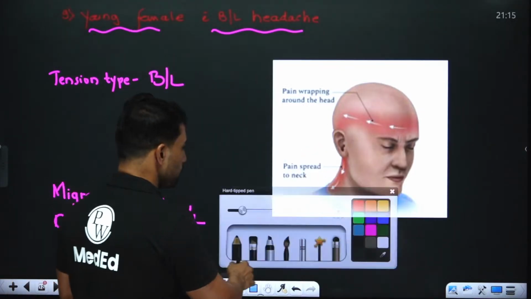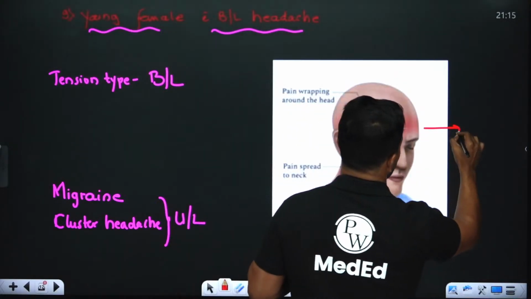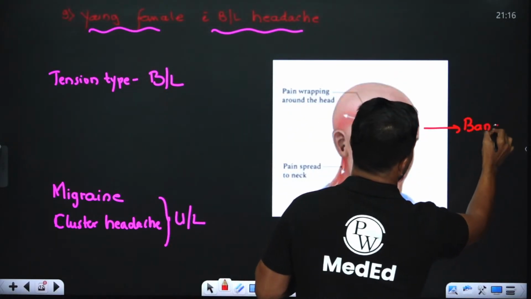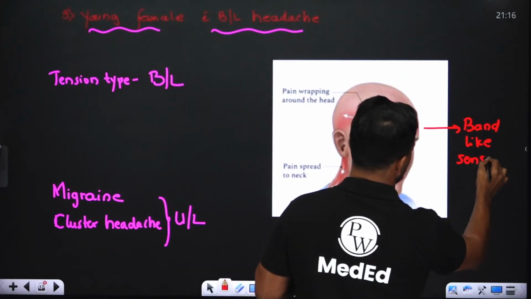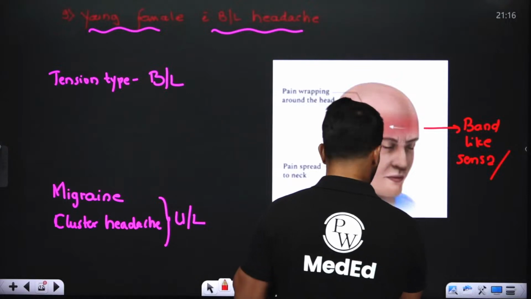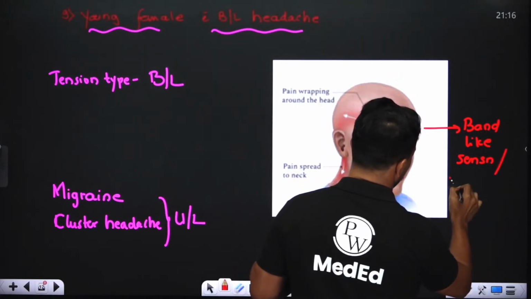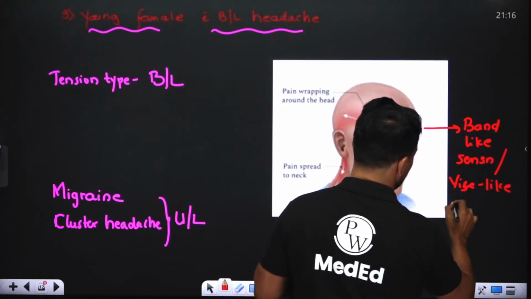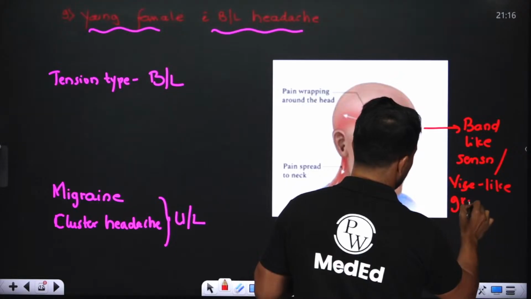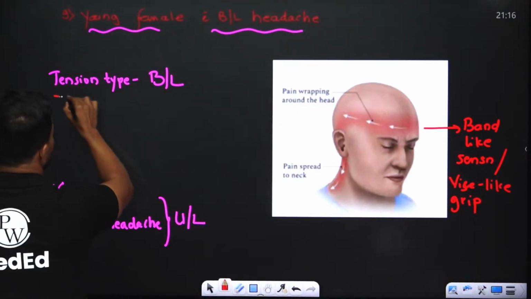So this image is pointing towards a band-like sensation or vice-like grip. So these words are always pointing towards tension type of headache.